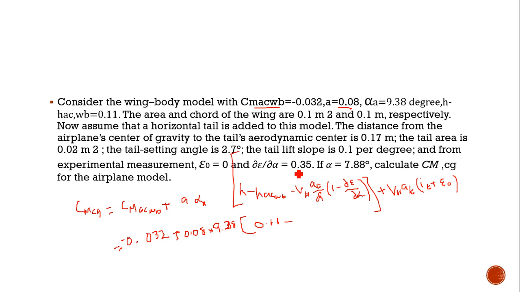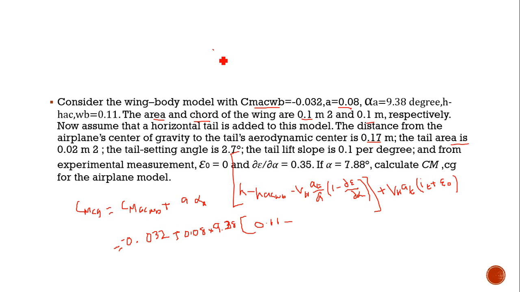They haven't given values for VH, but they have given values for the area and the chord, that is 0.1 into 0.1, and also the distance from the center of gravity to the tail aerodynamic center is 0.17 meter, and the tail area also.